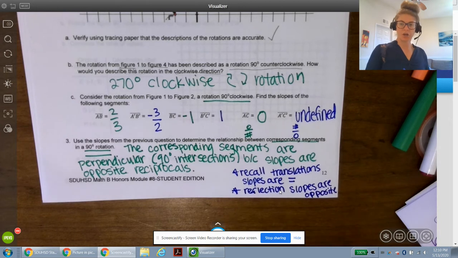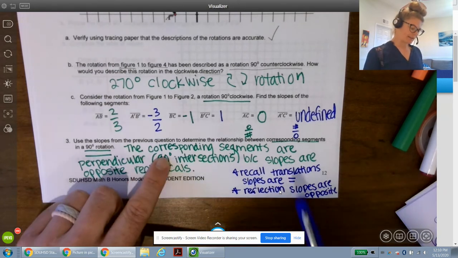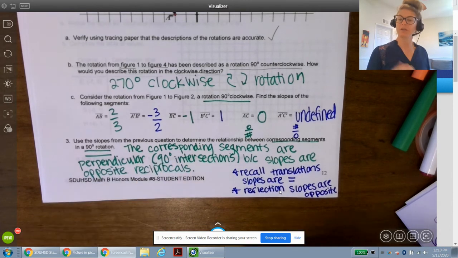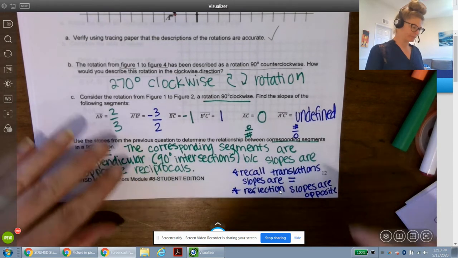So that's just a good note for us to remember, because if we're given two shapes, an image and a pre-image, and we're asked, hey, is this a rotation, reflection, or translation? We can identify that relationship by checking out the slopes of the corresponding segments. Awesome.